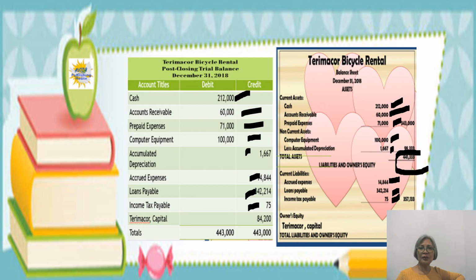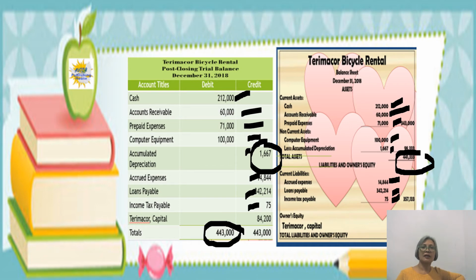It's not the same balance because the accumulated depreciation is presented on the credit side here, but in the balance sheet it is presented on the asset side already. So the trial balance and the balance sheet do not have the same total balances because the accumulated depreciation is presented in the assets, while here, or in the debit, the accumulated depreciation is presented on the credit side.